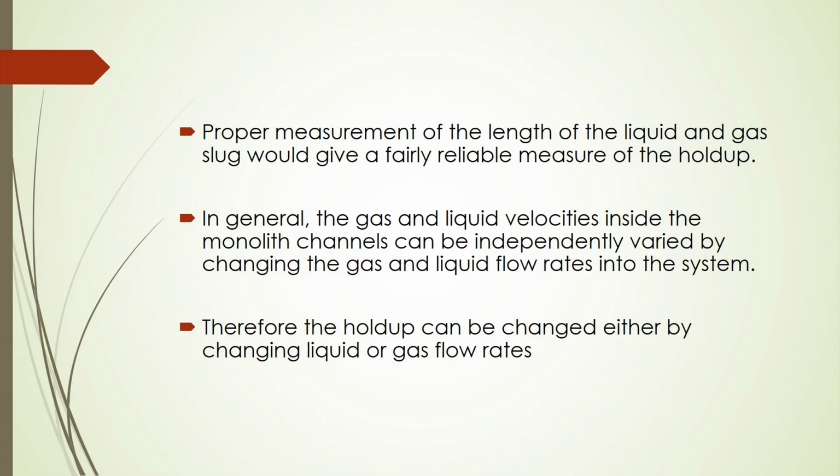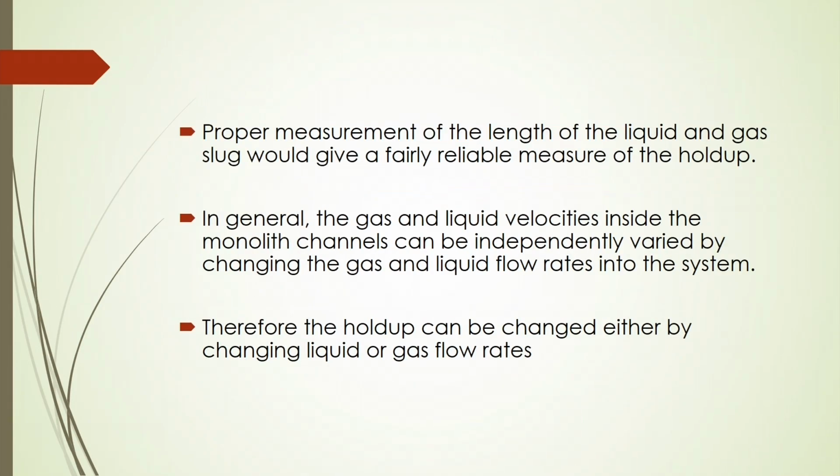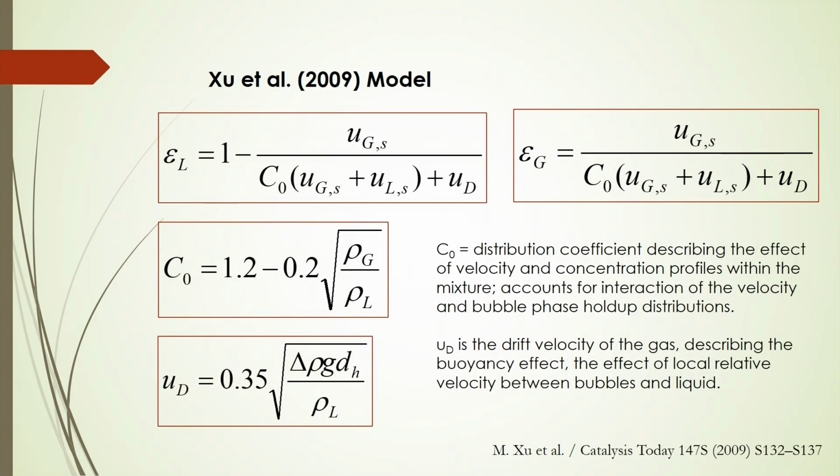Proper measurement of the length of the liquid and gas slugs would give a fairly reliable measurement of the hold up based on this equation. In general, the gas and liquid velocity inside the monolith channel can be independently varied by changing the gas and liquid flow rates into the system. Therefore, the hold up can be changed either by changing liquid or gas flow rates.